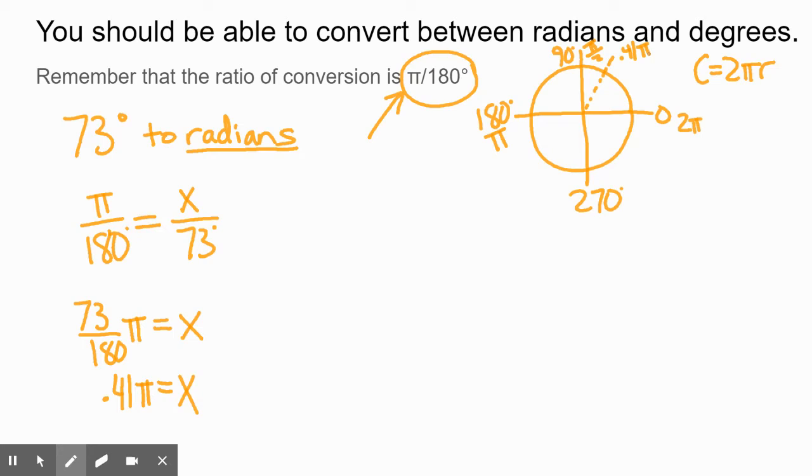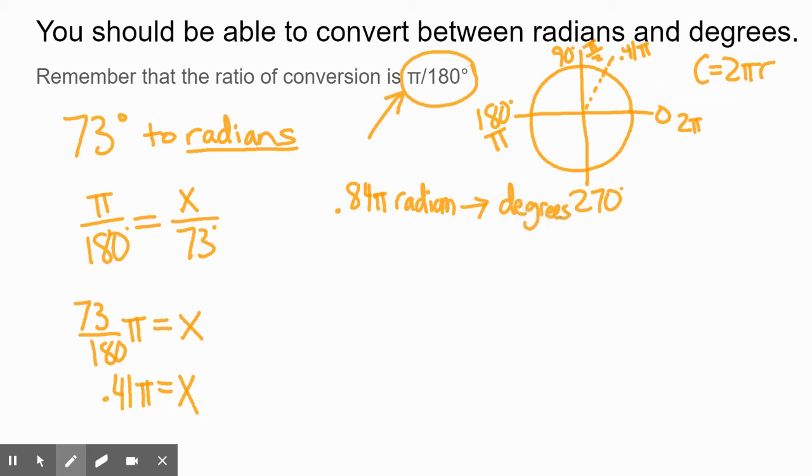So what if you needed to do, how about 0.84 pi radians to degrees. Well, we're just going to do the same thing.